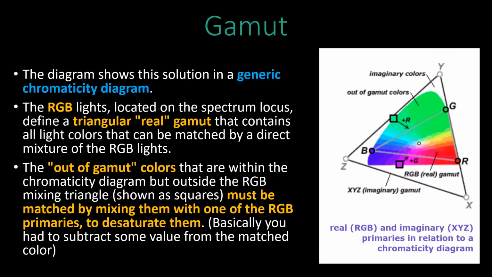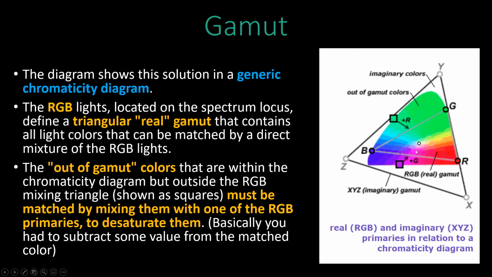Okay, so what we get is more or less a gamut. That is maybe a new term, so let's define it. A gamut is an area made from 3 points, where these 3 points represent the colors we have, and everything inside it is the colors we can mix from it.